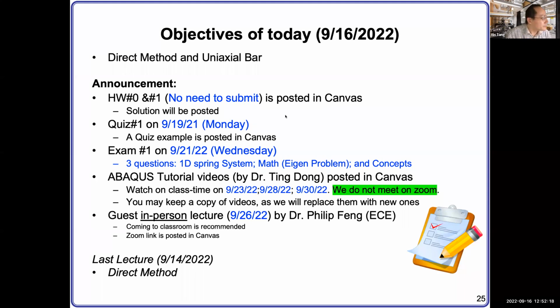On Monday, next Monday, we will have a quiz number 1 for the class. This quiz question will be on the direct method. We will have a simplified version of a 1D spring system, and you will be asked to solve that problem.